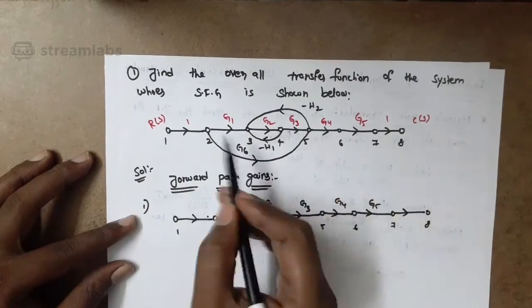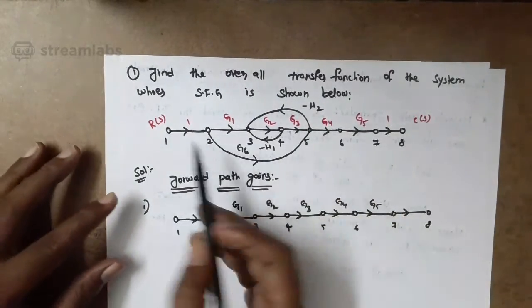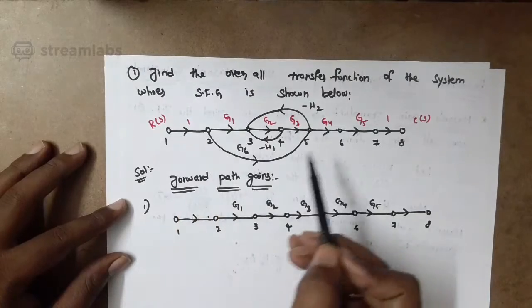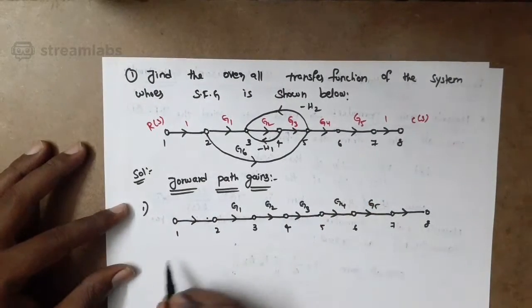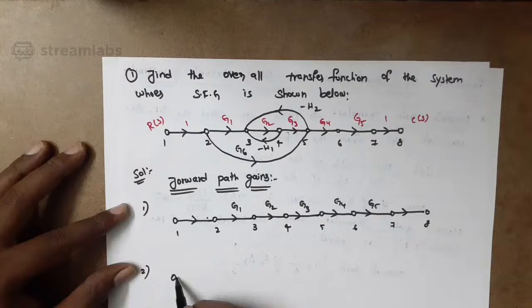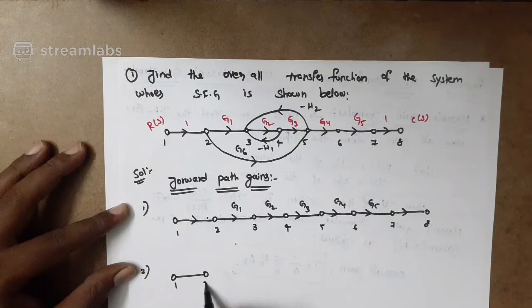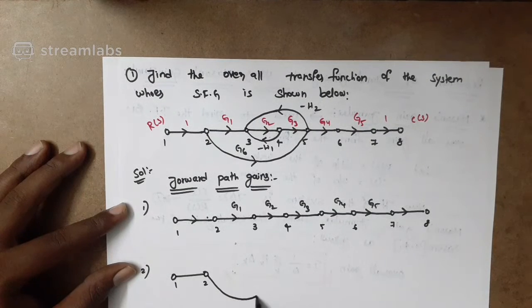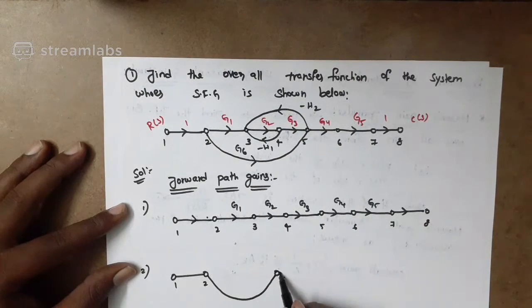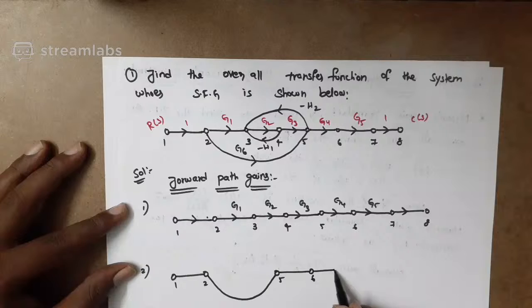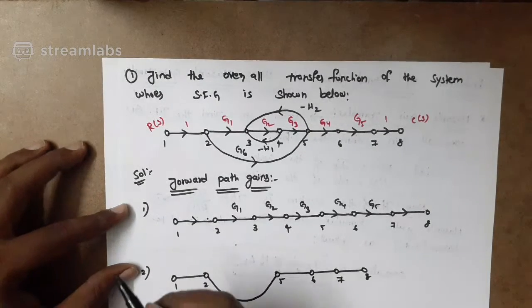It doesn't cross any node more than once. So 1, 2, 5, 6, 7, 8 is one more forward path.